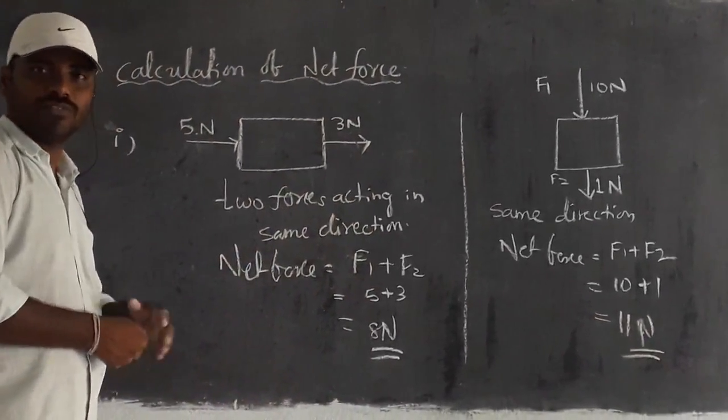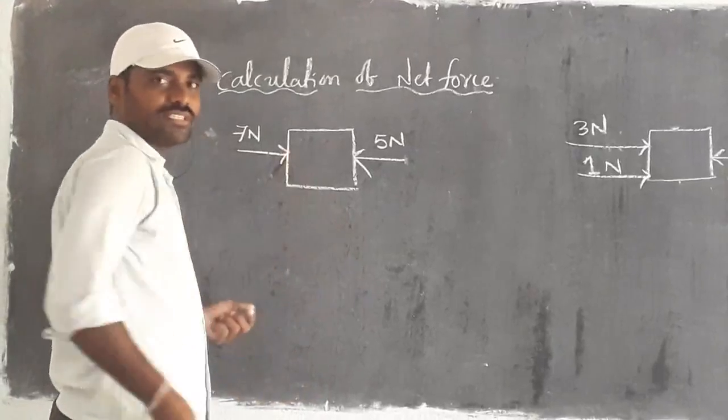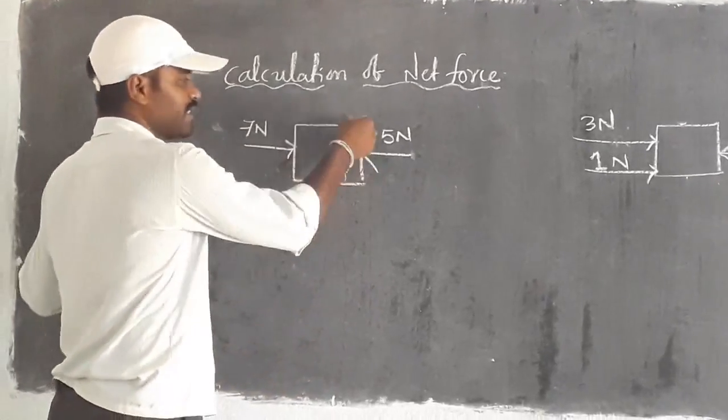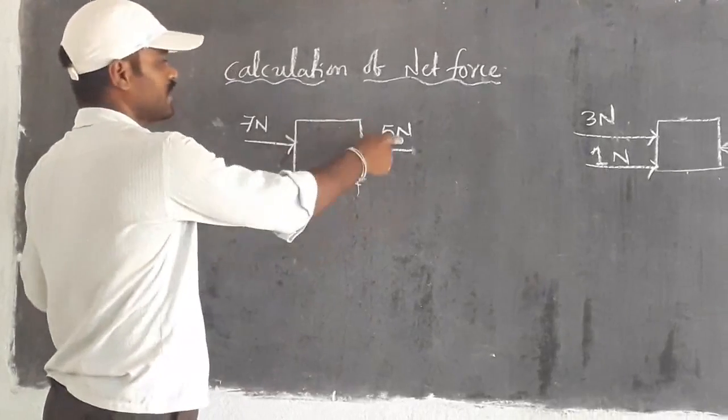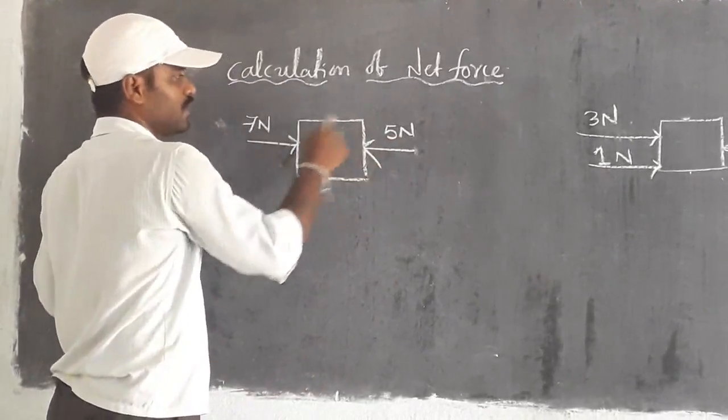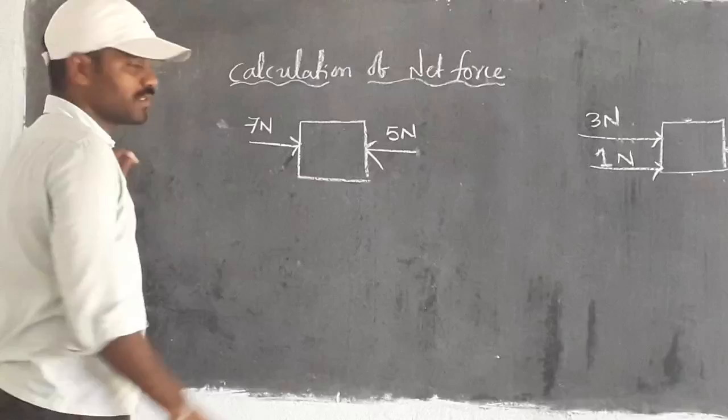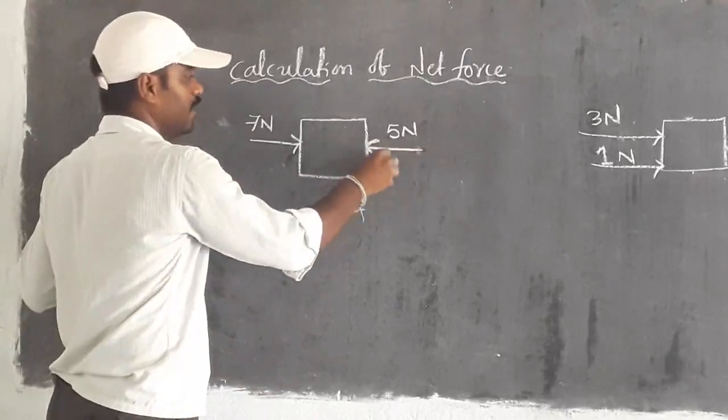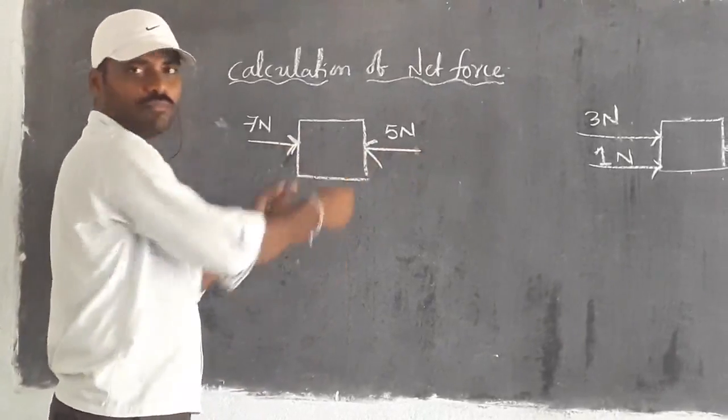Okay for you? Then here we have to take one more example. An object is present like this and two forces are acting. One is a 7 newtons force, another a 5 newtons force. Here the direction of the forces is quite opposite.